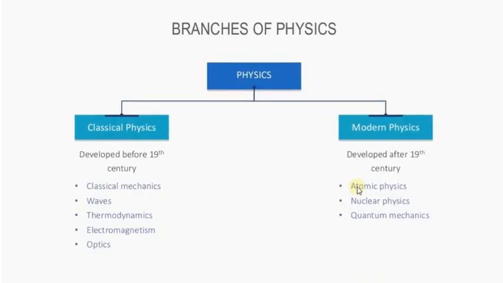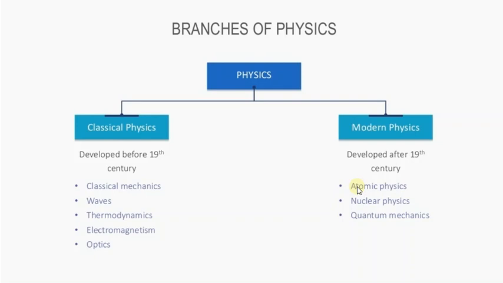Now, by the end of the 19th century, many physicists started believing that everything about physics had been discovered. However, about the beginning of the 20th century, many new experiments revealed that the laws formulated by the previous investigators need modification.